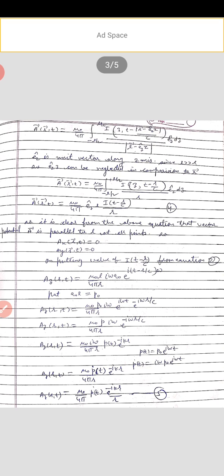And if we write the equation in terms of differentiation of p with respect to time t, then we can write Az = μ0/4π · (1/r) ṗ(t) e^(-ikr). If we arrange the equation, then we can write Az = μ0/4π · ṗ(t) e^(-ikr)/r.